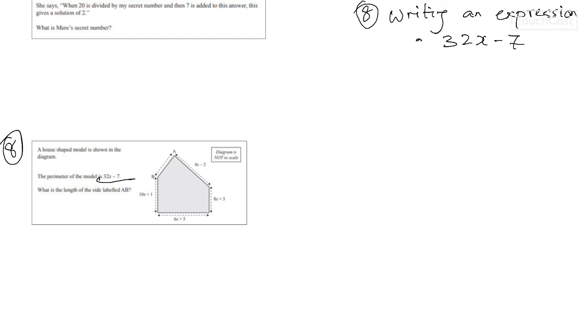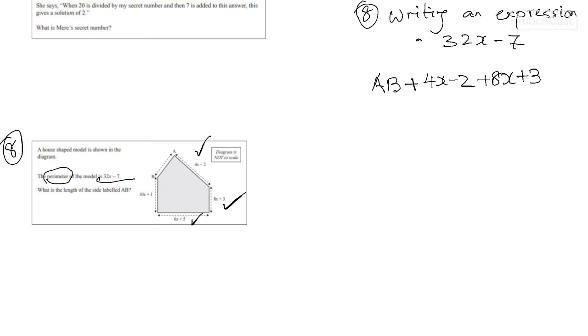And the parameter is, we got to know the definition of the parameter. So AB plus 4x minus 2. This is how I remember whether I have included that particular side for calculation. And then 8x plus 3 is the next side.